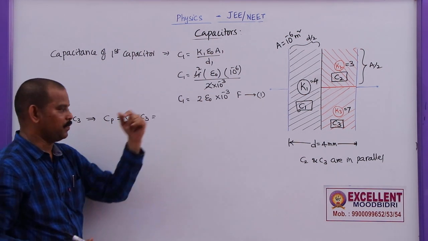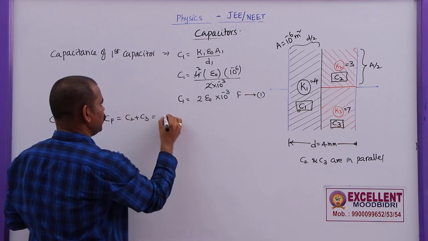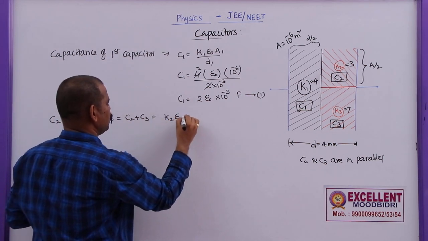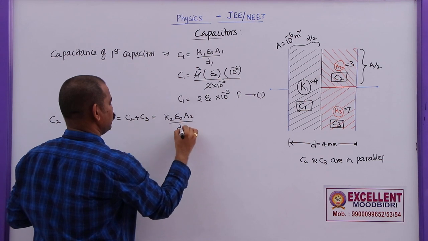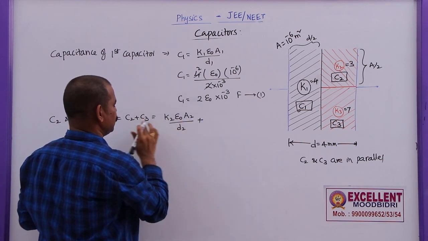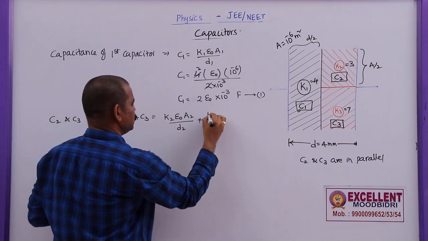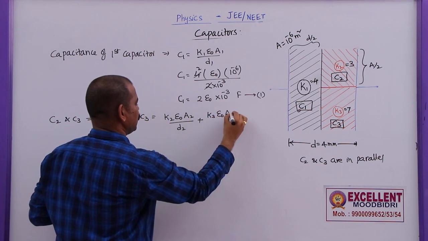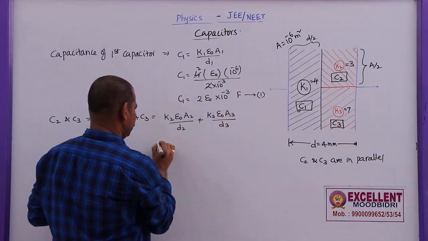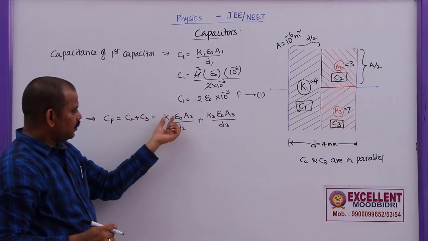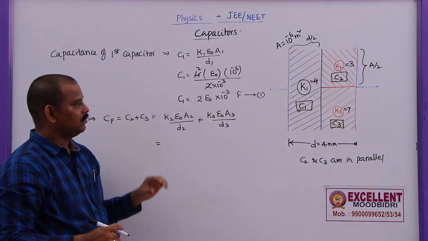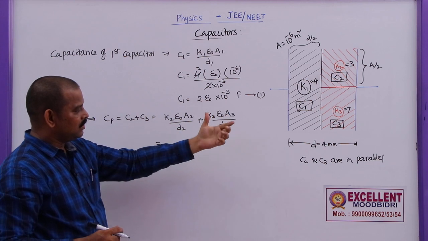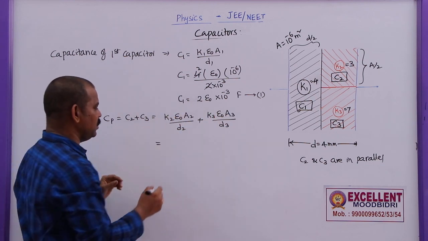What is C2? I am writing this as K2 epsilon naught A2 by D2. In parallel combination, we have to add these two. This is K3 epsilon naught A3 by D3. Epsilon naught is common, and the area and distance between the two plates are also common here.